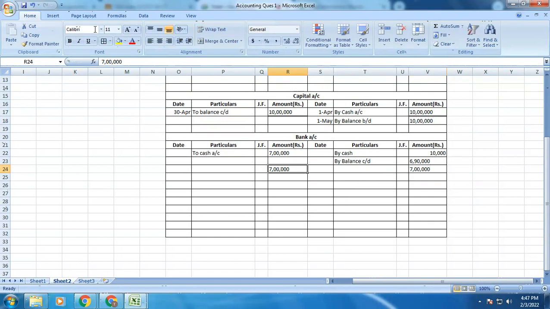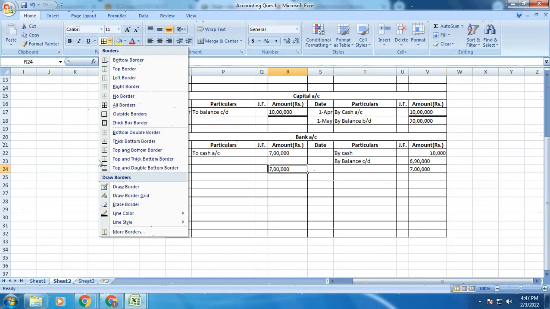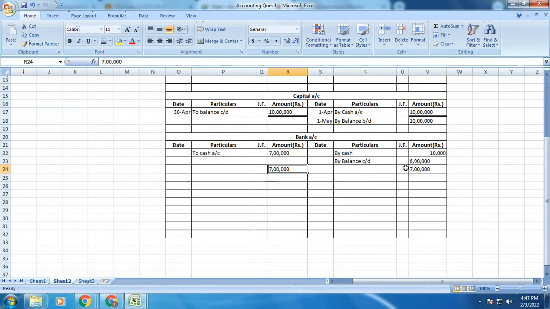Now we draw a double line underneath this. And on the 1st of May, to balance brought down 6,90,000.